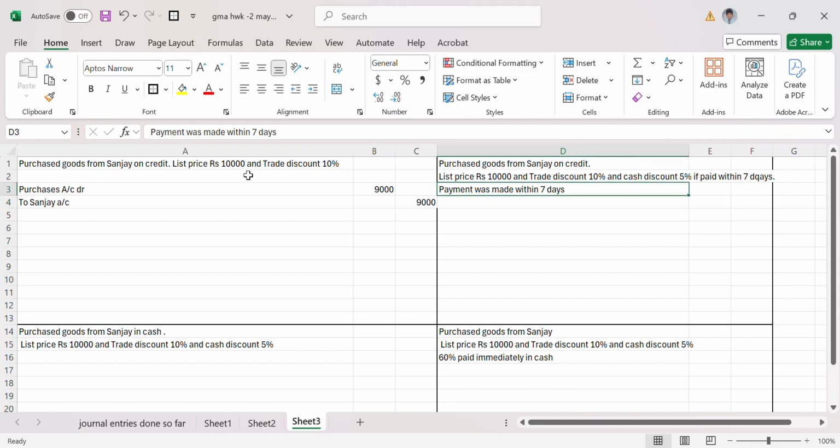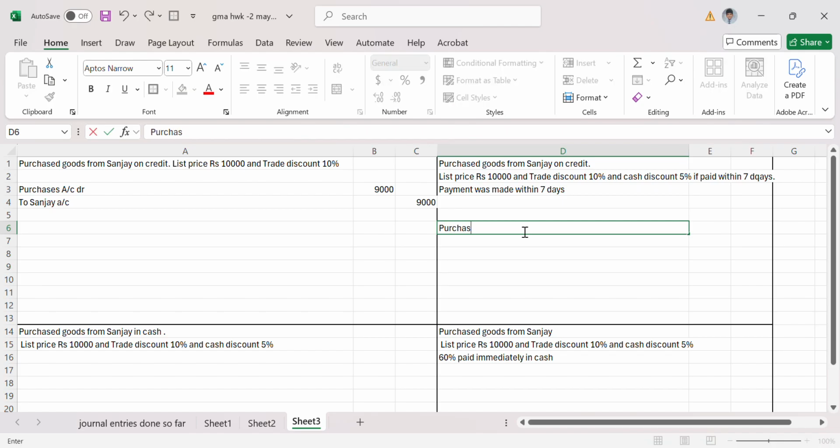The second scenario could be when again a question comes in where they say purchase goods from Sanjay on credit. Again here, first I identify whether it's a cash purchase or a credit purchase. I know it's a credit purchase. So first I'll keep the entry handy. Purchases account will be debit and Sanjay is the giver of the goods, so Sanjay's account will be credit.